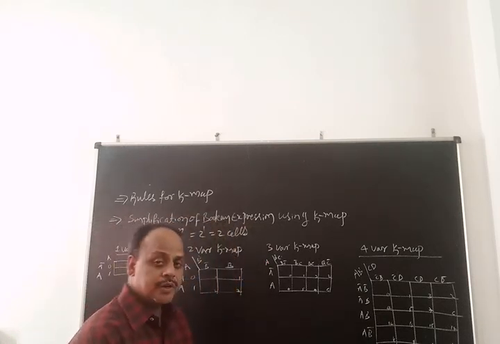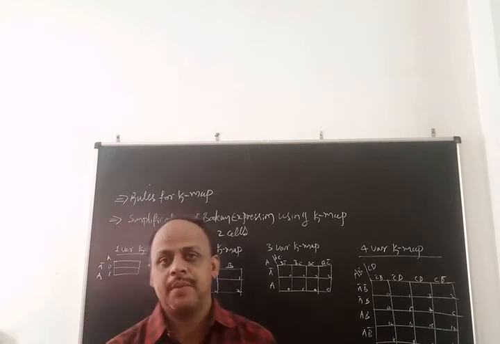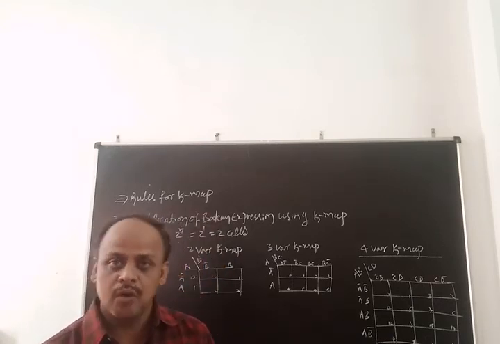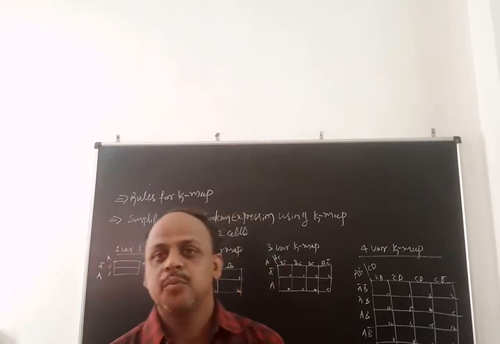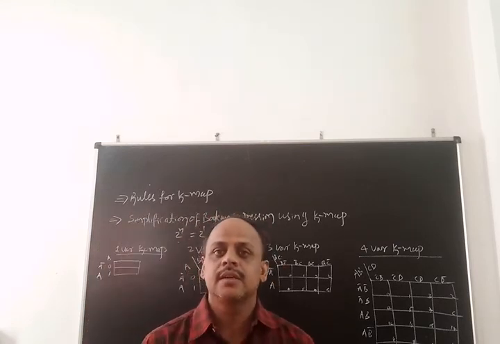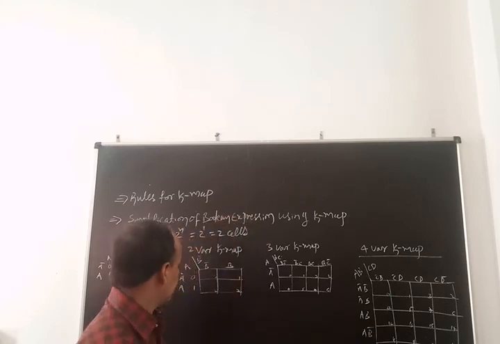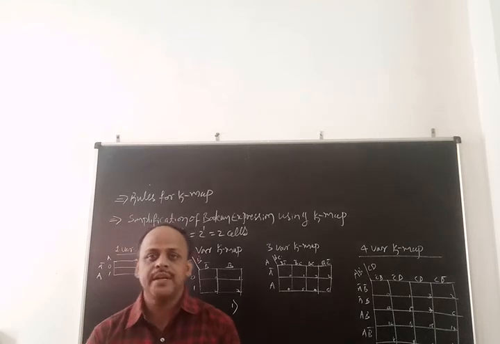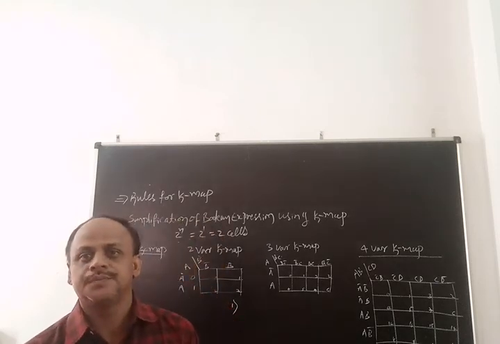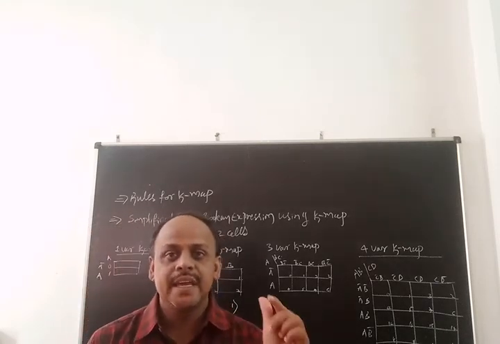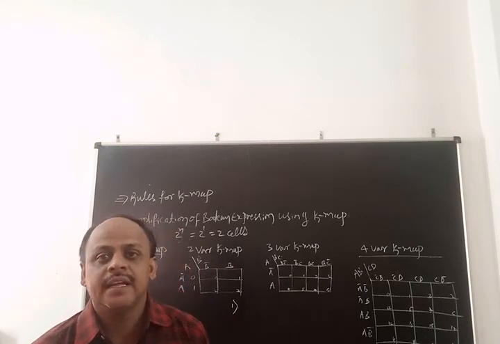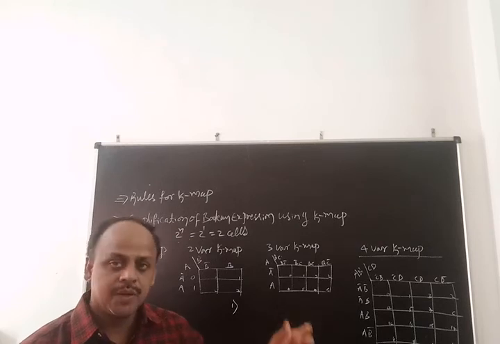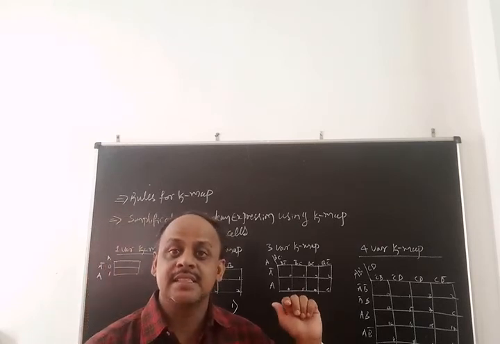Now first we are going to discuss the rules for K-map. Which procedure do we have to follow to simplify a given Boolean expression using K-map? Very first point: we have to observe how many variables are there in the given Boolean expression. Suppose the expression contains 3 variables.